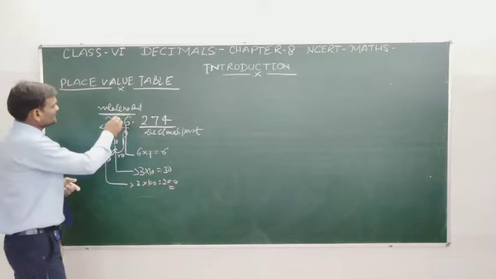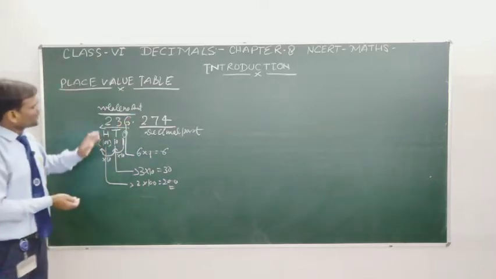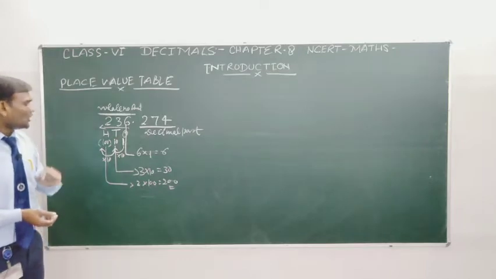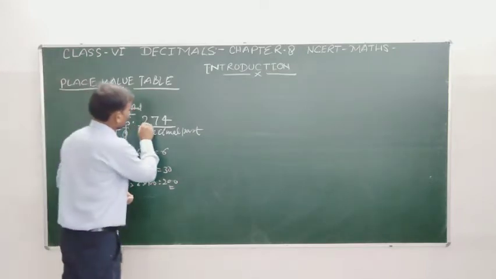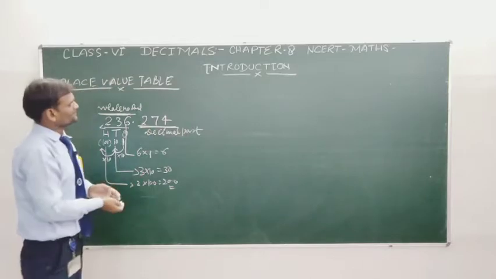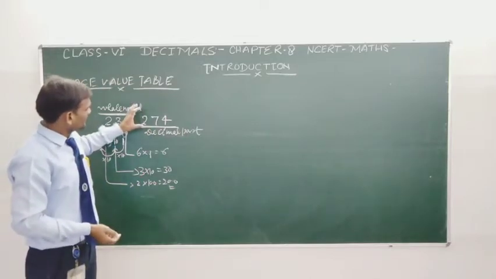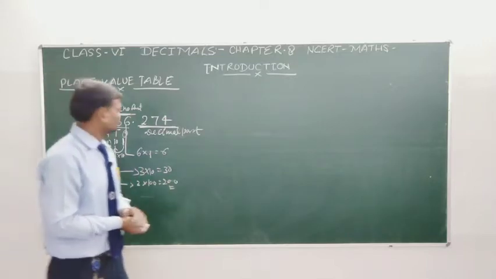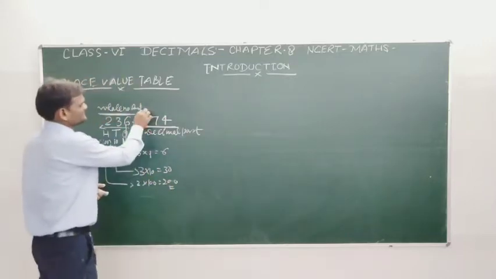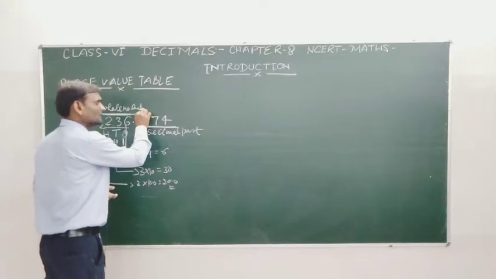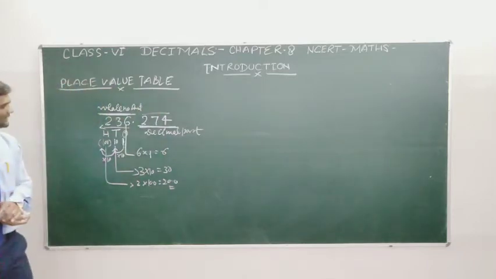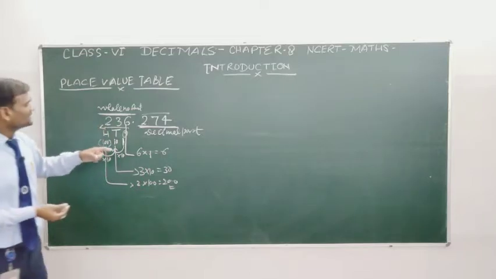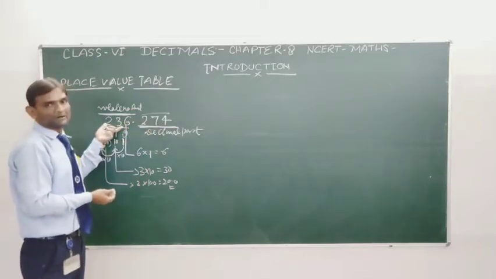So student, this is about the whole number part. Now we learn about the decimal part or fractional part, student. So student, this is the fractional part, this is the decimal part, and all work will be opposite of the whole number part.